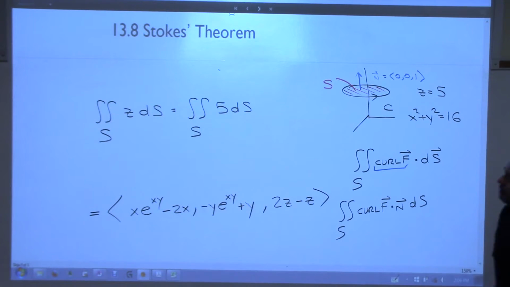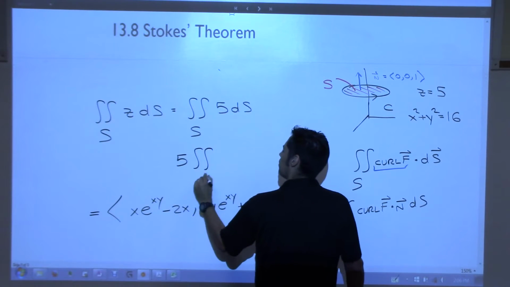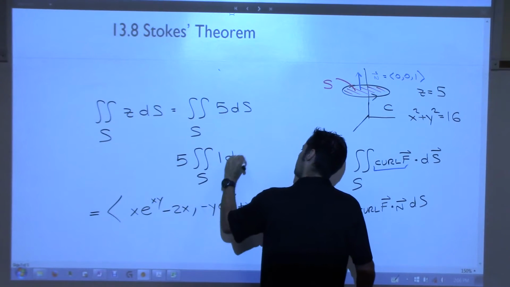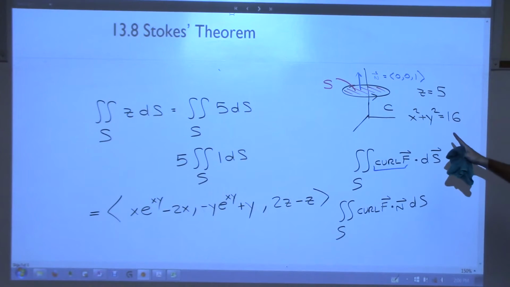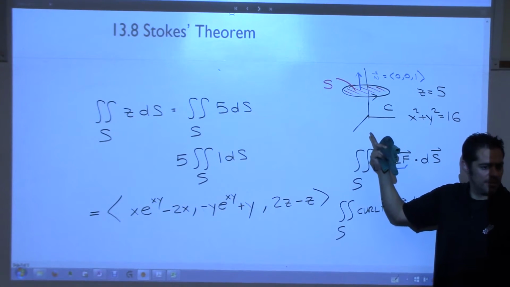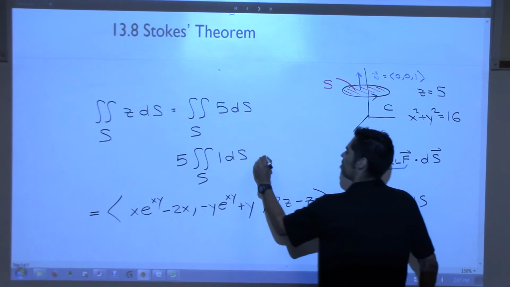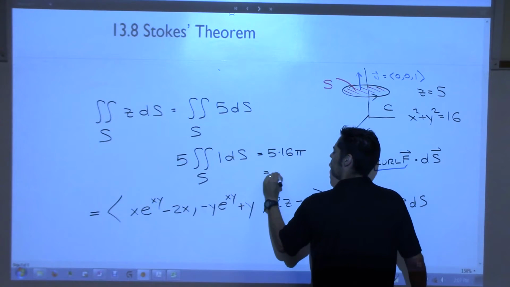And take the 5 out, and this is 1 ds, and that's just the surface area of s. Be careful on that, that is pi r squared. What's the radius of that? 4, right? So the radius of this circle being 4, pi r squared, 16 pi is its area. So we have 5 times 16 pi, which is 80 pi.